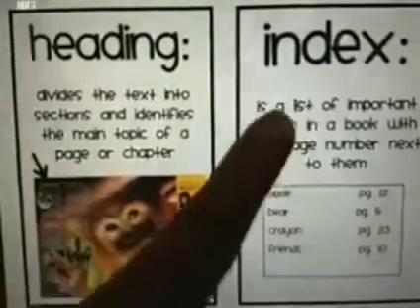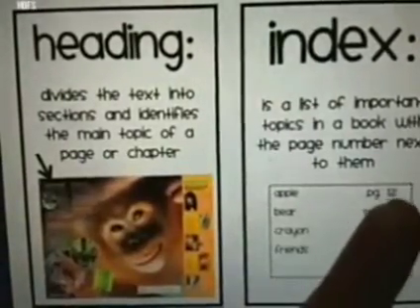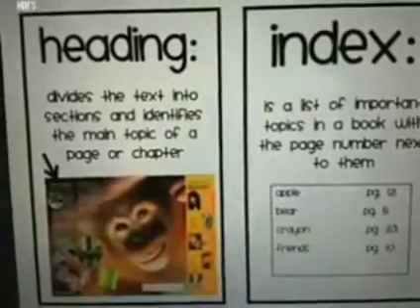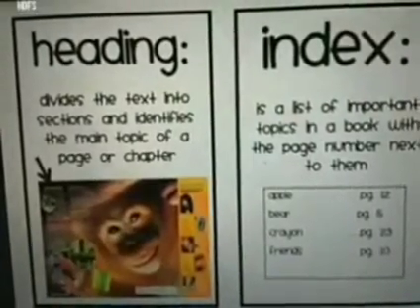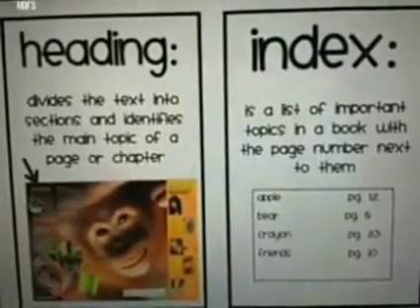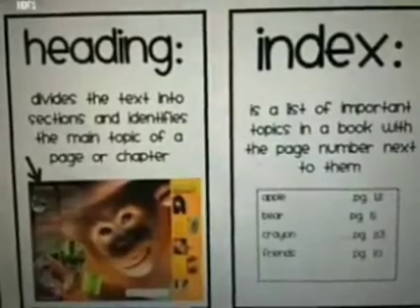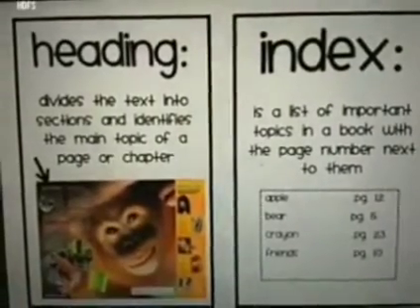So you can go to the index, find the word monkey, and there'll be a page number written on it. So you can just go to the page to refer to monkeys. So the index gives us the page number and the list of important topics that are discussed in the book.